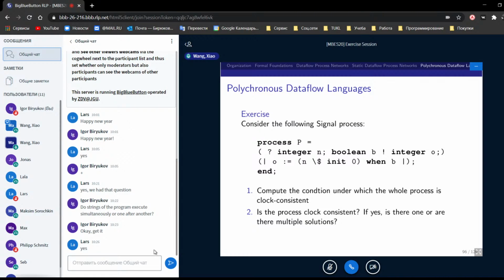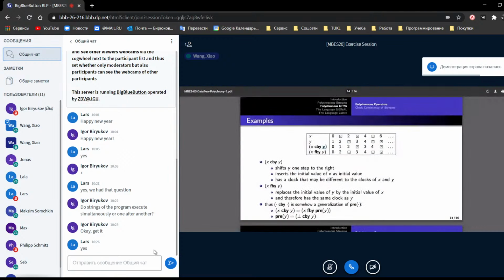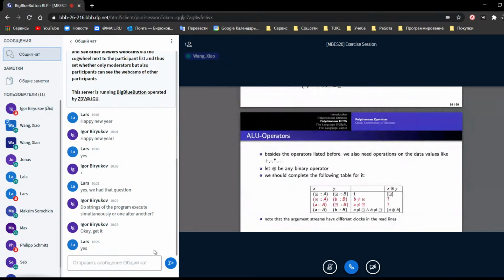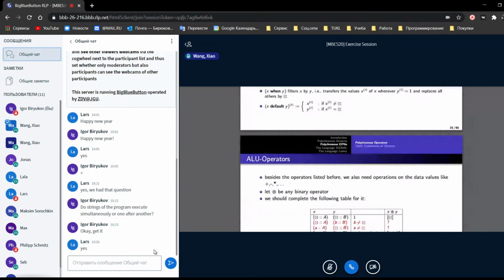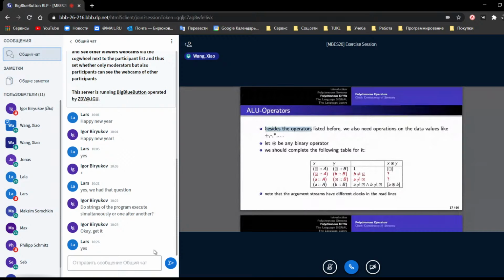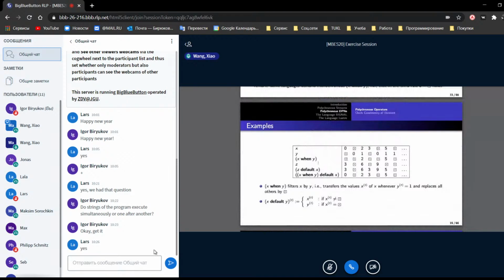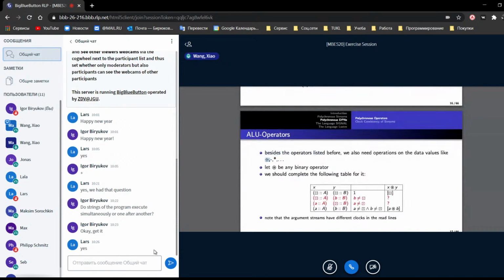Maybe I should also say something here. So let's go to where clock consistency is defined. Notice where the clock consistency is defined. It's not defined before we talk about these nodes. It's defined when we talk about arithmetic and logic operators.